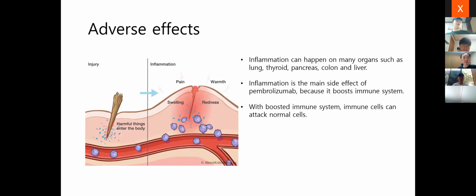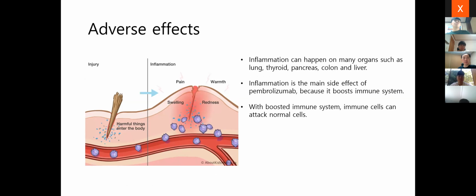But the binding of PD-1 and pembrolizumab, Keytruda, can also cause adverse effects, because the boost of the immune system means that it can kill other normal cells.